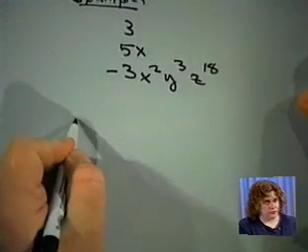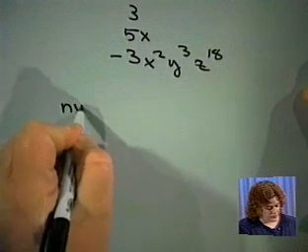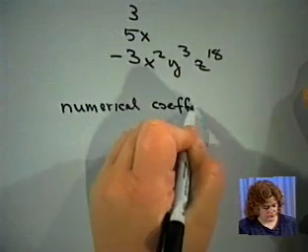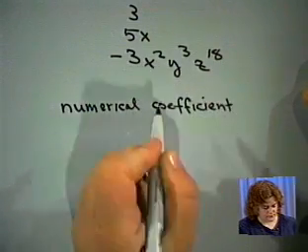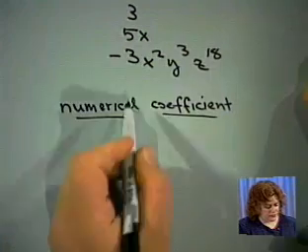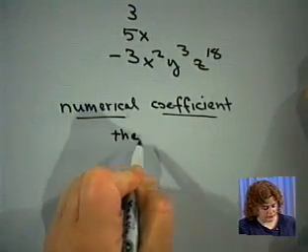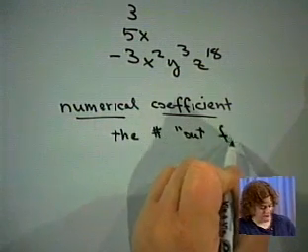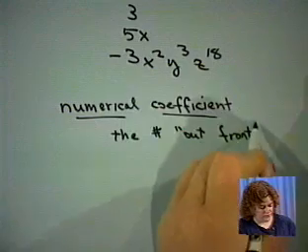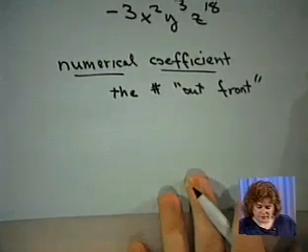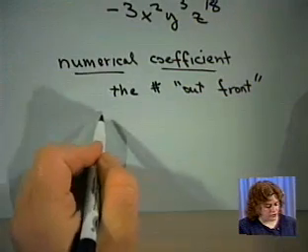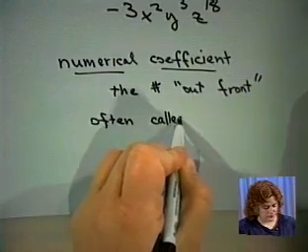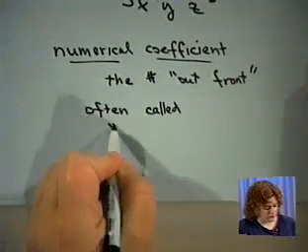Now, in these terms, we have the numerical coefficient. And that is simply the number multiplying those variables, or if you prefer, the number out front for a quickie, informal way of remembering it. And it is often just called the coefficient, and the word numerical is left out.